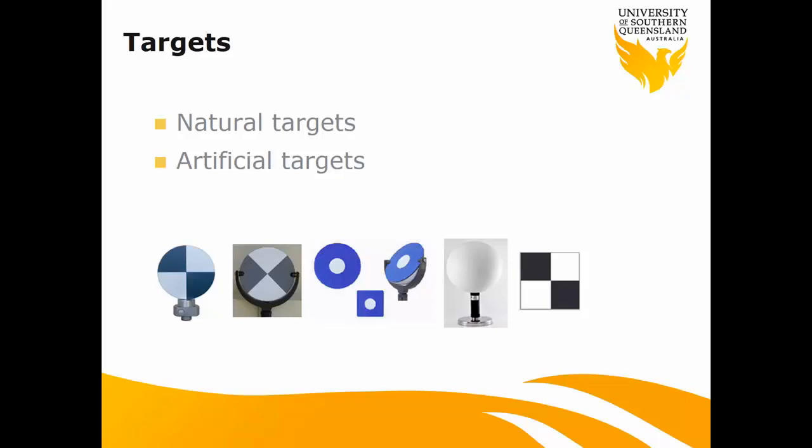All of these we can treat as natural targets. For indoor scanning, that's okay. We can locate so many corner natural targets to use for your automatic registration or manual registration.